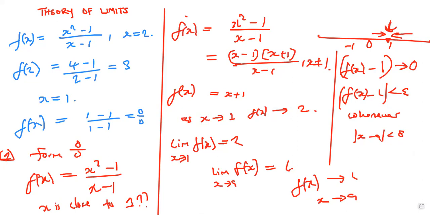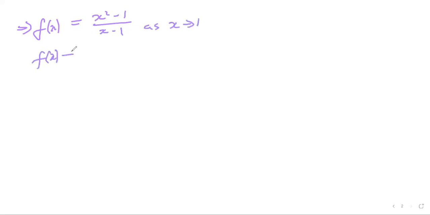So let's move over to the next board. Now, in the previous board, we discussed that the limit of f of x, which is defined as x squared minus 1 over x minus 1, as x approaches 1, is 2.